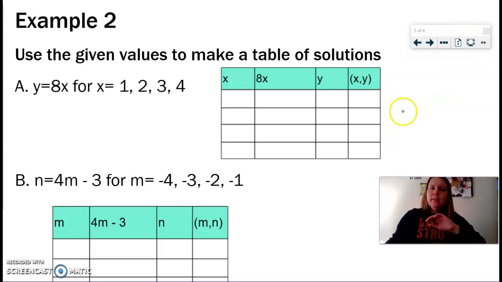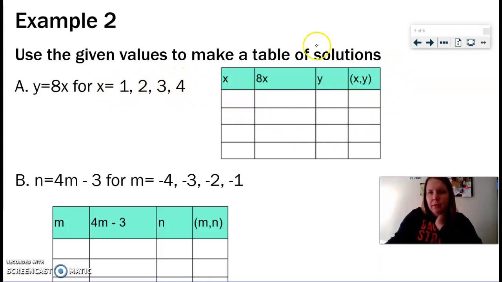So for the next example, what they want us to do is use the given values to make a table of solutions. So this time they give me the equation. So here's my equation, y equals 8x. They want to know the coordinate point for when x equals 1, 2, 3, and 4.